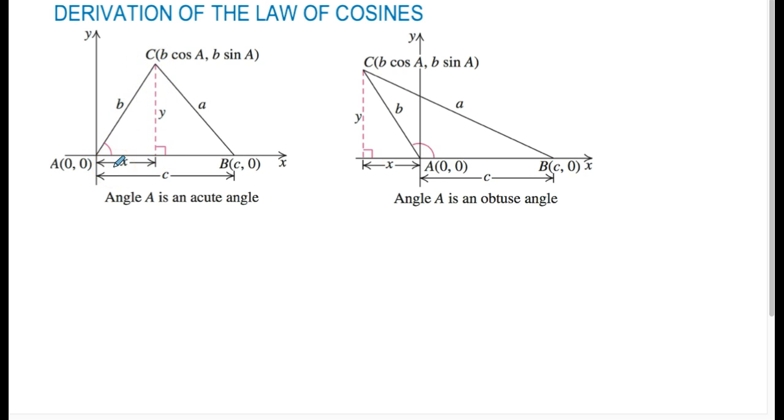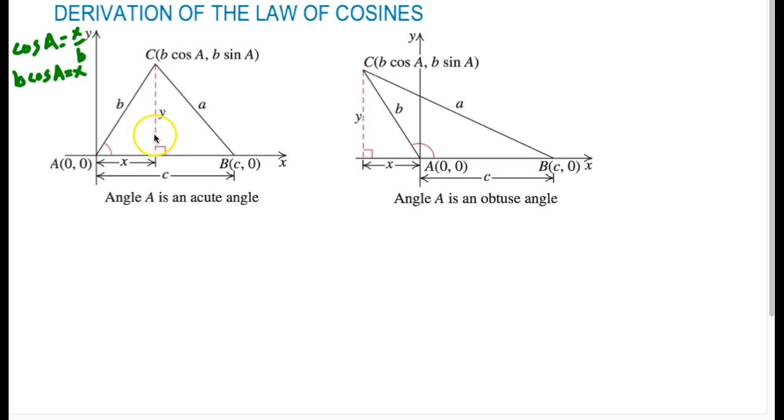I know the length of the hypotenuse here is b, and adjacent and hypotenuse would be cosine. So I can say the cosine of angle A is equal to adjacent over hypotenuse, so x over b. Now, to just get the x coordinate, I can multiply by b and say that x is equal to b times the cosine of A. That's where this x coordinate comes from right here.